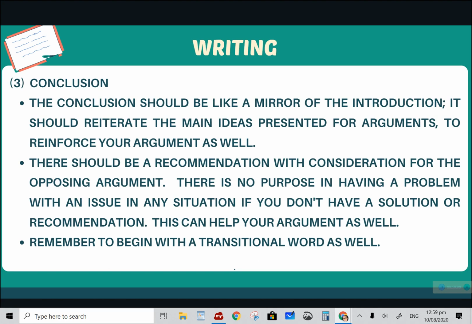So what you have to do if you say that no, we don't want cell phones, we don't want media devices in school, you have to be aware of the opposing argument and you have to come up with some sort of recommendation.